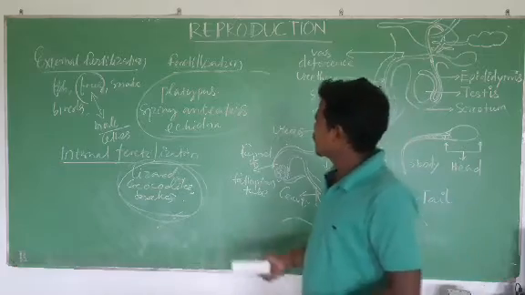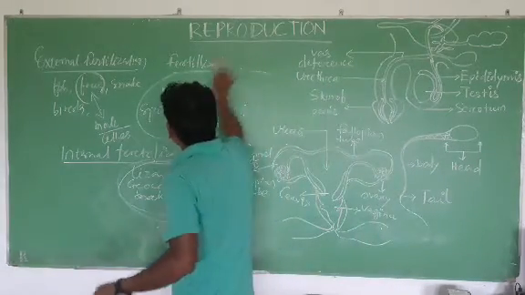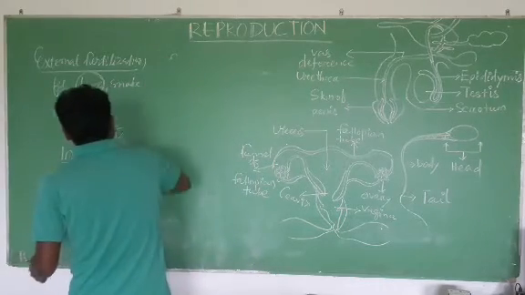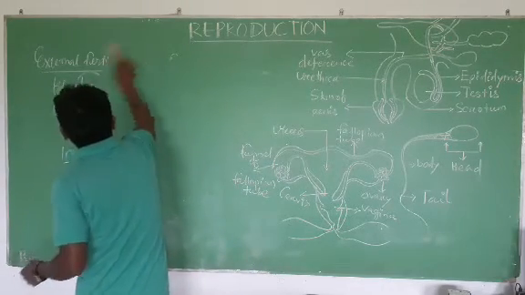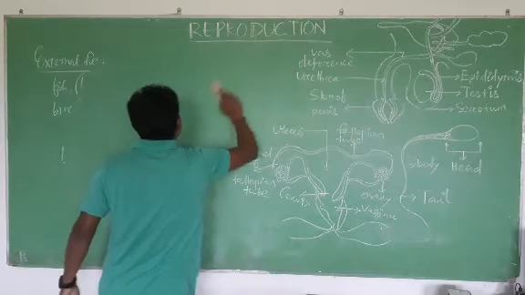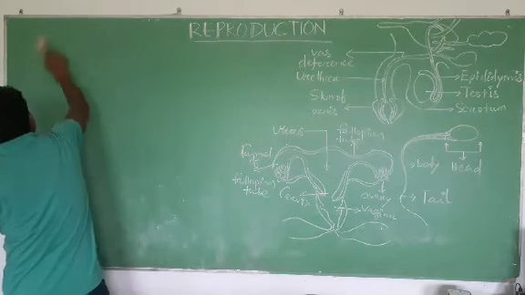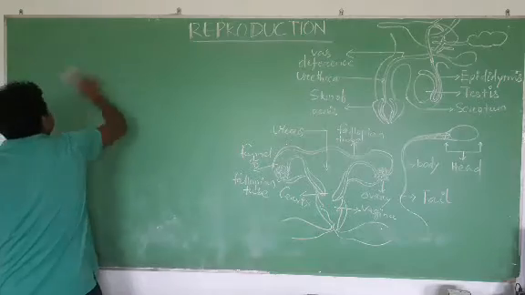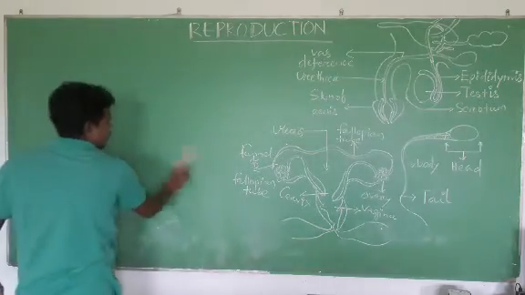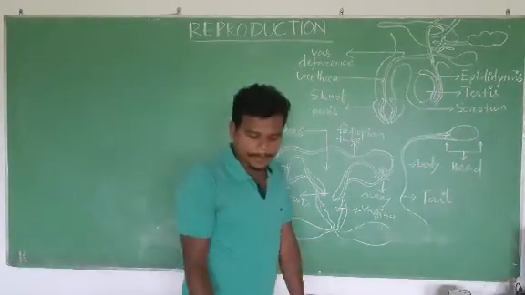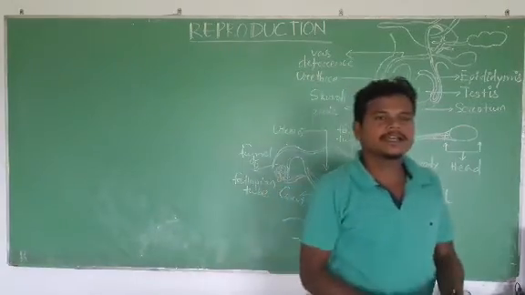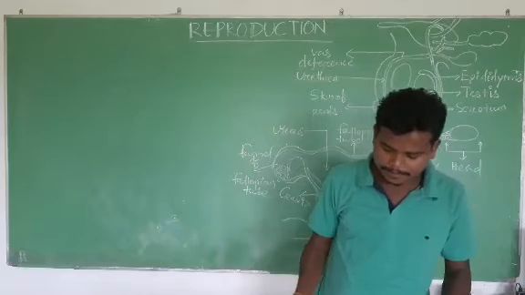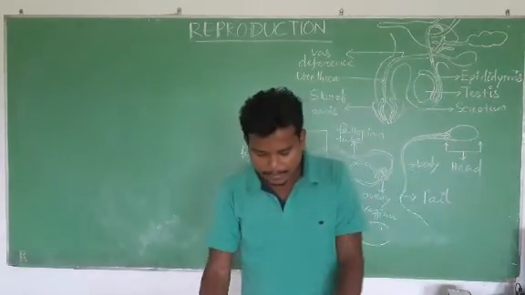Next we come to reproduction in man. Of course, what type of fertilization do we say in case of man? It is internal fertilization, right? And is the fertilization uniparental or biparental? Yes, in case of human beings, the fertilization is biparental.